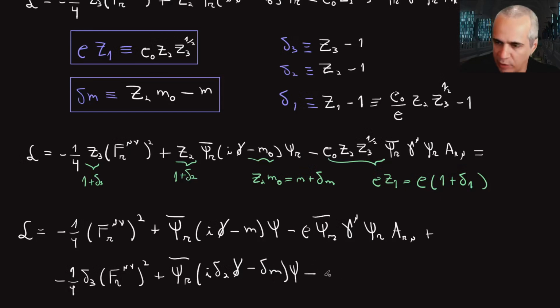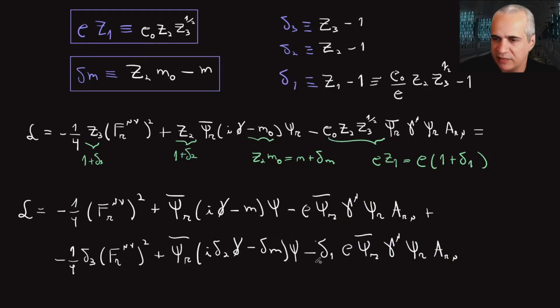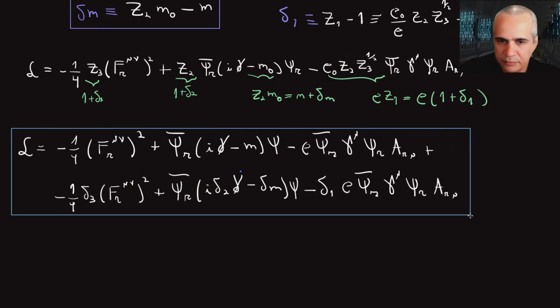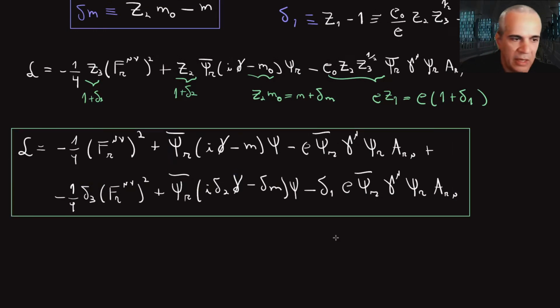And finally, one delta 1e, which is the counter term to the interaction, and we'll deal with loop effects that appear in the 3.1 pi function. So that's our new Lagrangian now, and we want to know what the Feynman rules for it are.